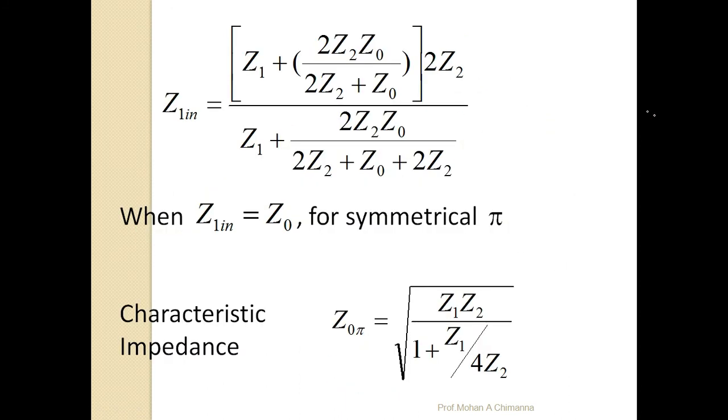So Zin is equal to Z1 plus 2Z2 Z0 upon 2Z2 plus Z0, in parallel with the 2Z2.